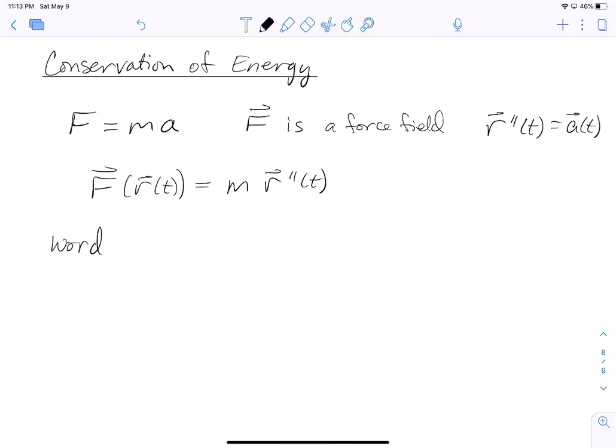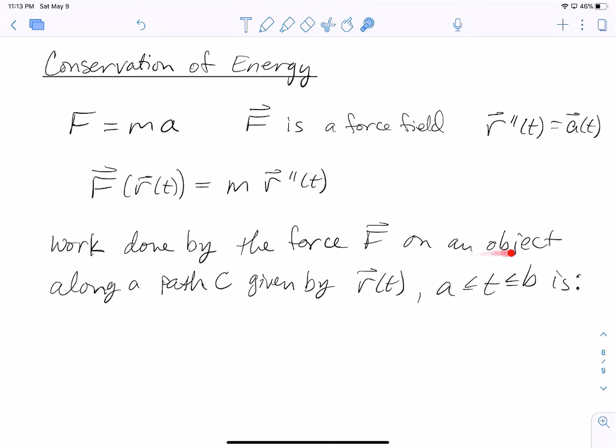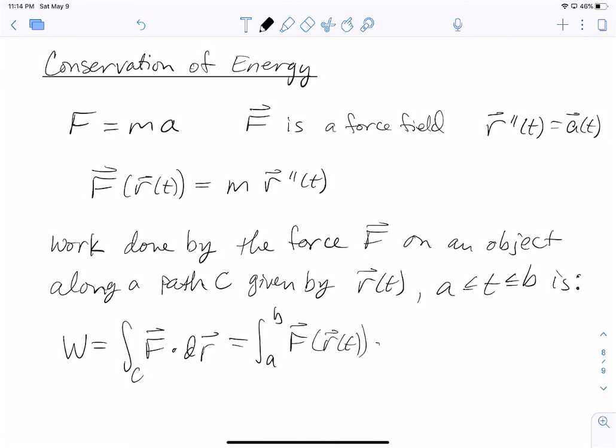Work done by this force on an object along a path C given by r of t, where t goes from a to b, is, as you know, work is equal to the line integral over C of F dot dr, which is equal to the integral from a to b of F of r of t dotted with r prime of t dt.